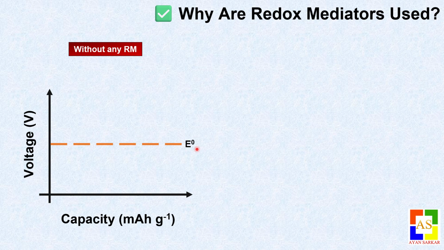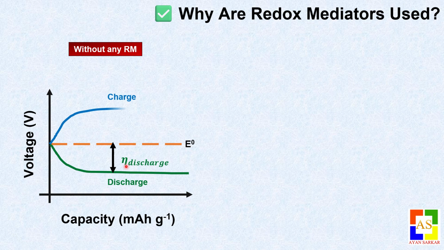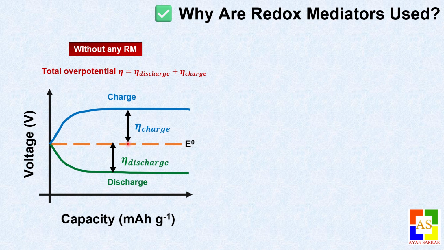During discharge without redox mediator, this is the discharge curve, and then we charge the battery. Here you see the discharge overpotential, and now we are charging the cell, and this is the charging overpotential. The total overpotential is given by eta discharge plus eta charge.